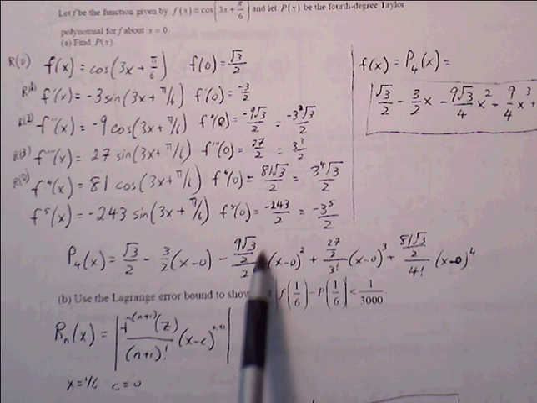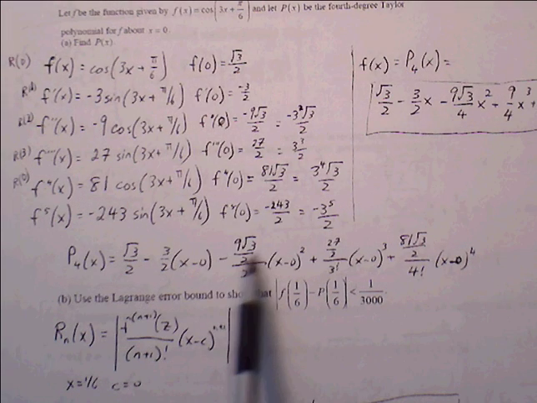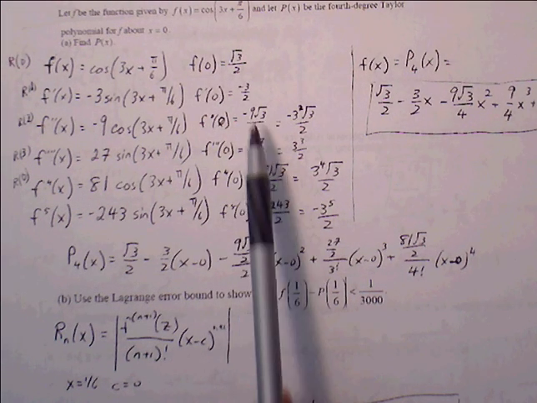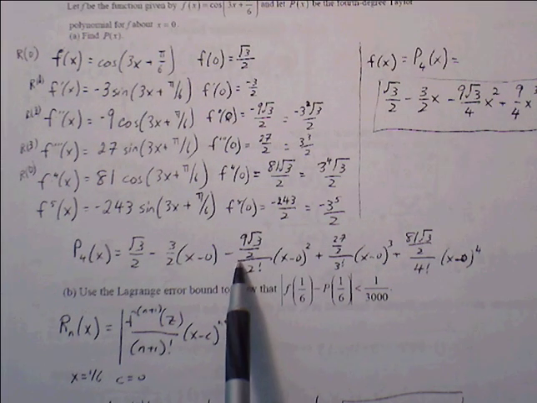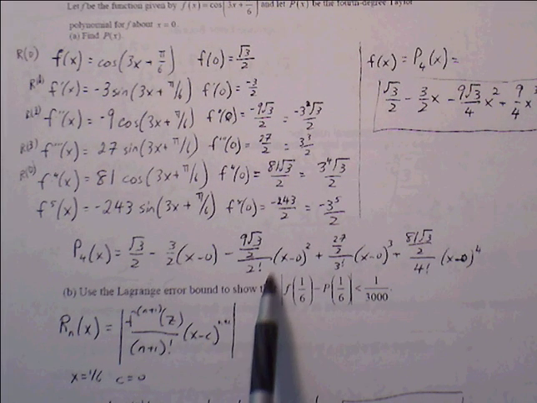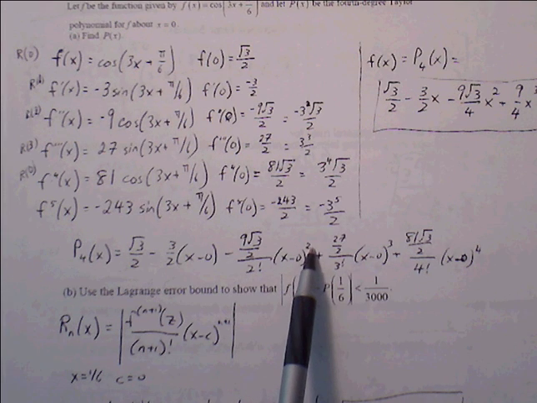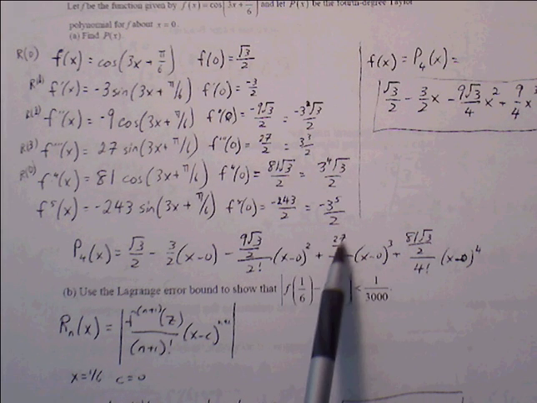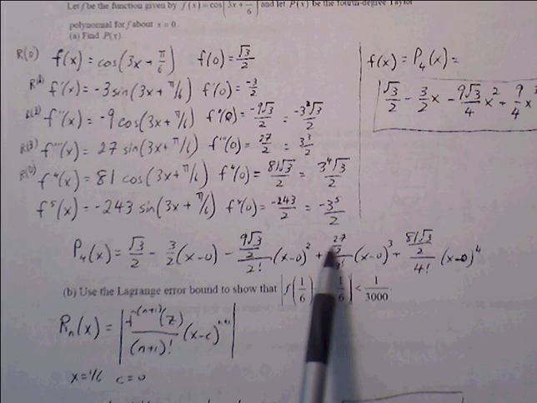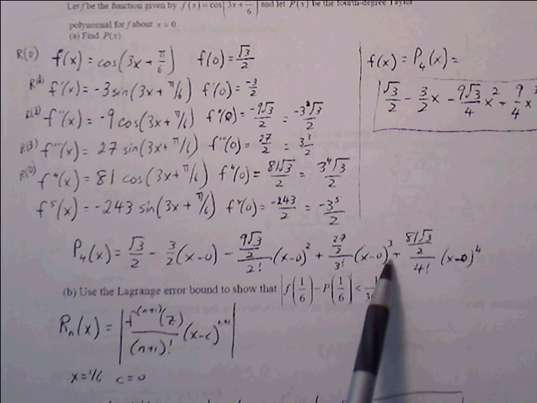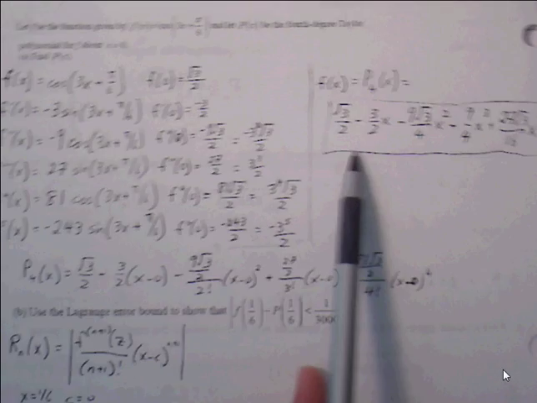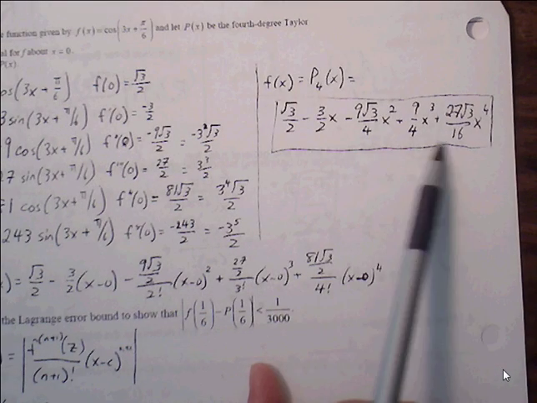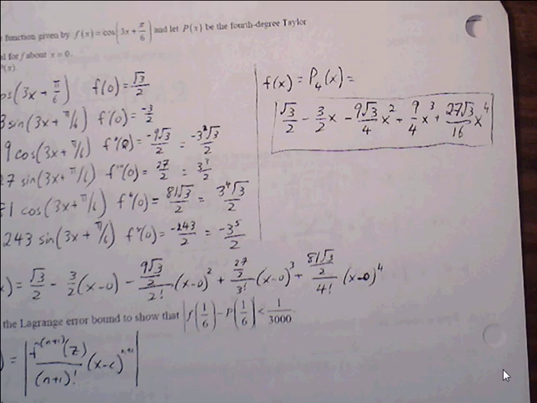Okay, so this is f double prime evaluated at 0 over 2 factorial times x minus c to the 2nd power. And then here is the 3rd derivative evaluated at 0 over 3 factorial, x minus 0 cubed. And then the 4th derivative evaluated at 0. And if we clean all this up, we're going to get our 4th degree Taylor polynomial.